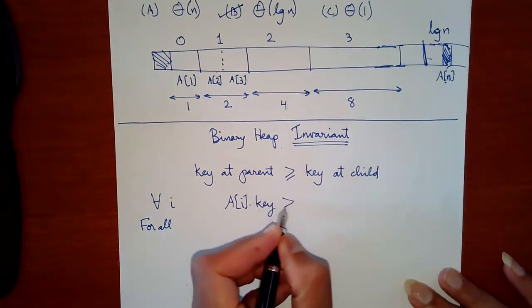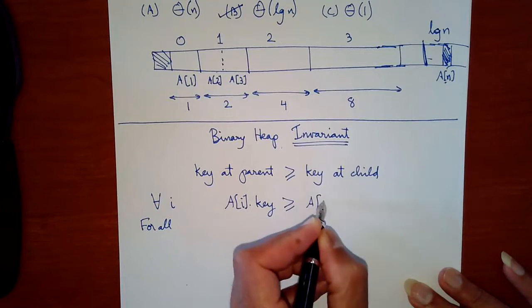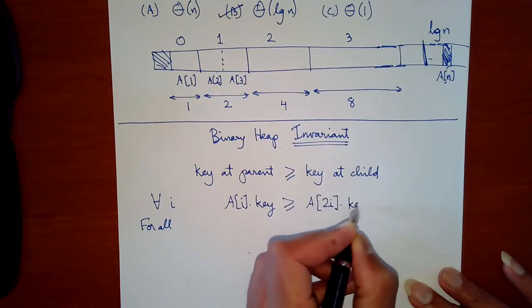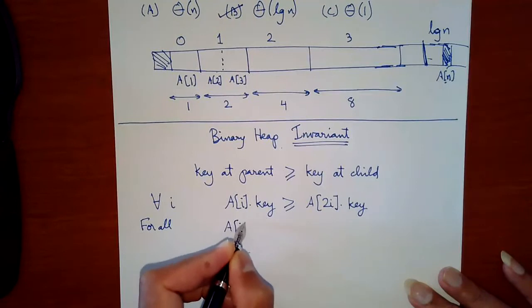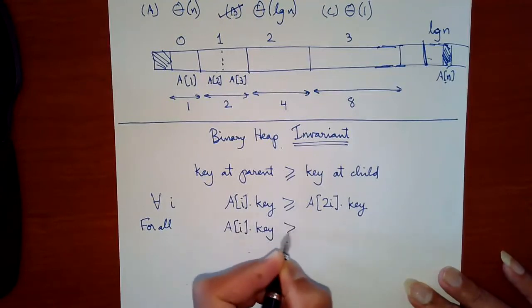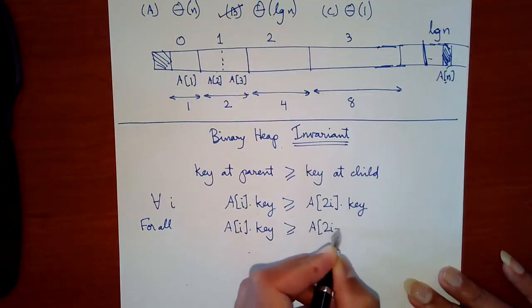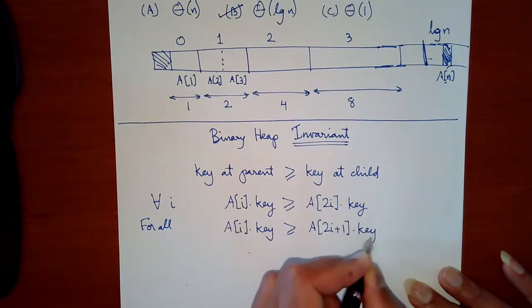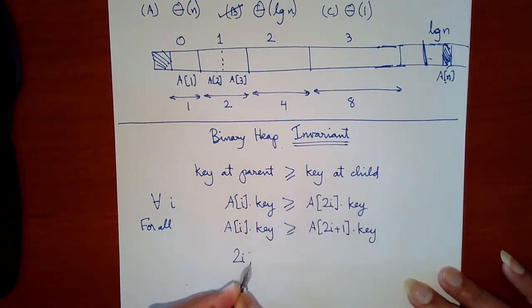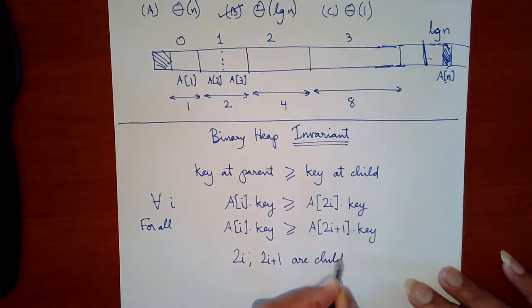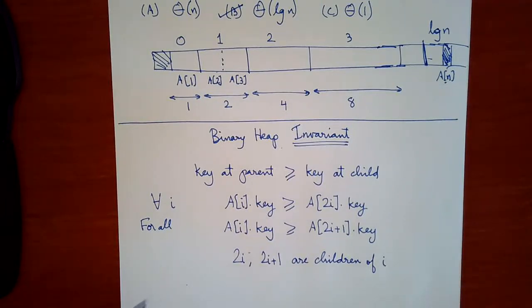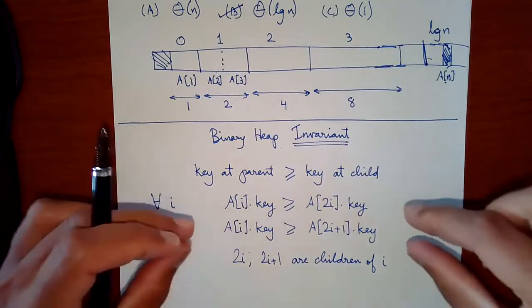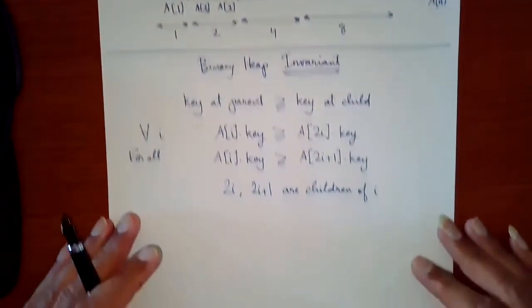A of i dot key is greater than or equal to A of 2i dot key, and A of i dot key is greater than or equal to A of 2i plus 1 dot key, where again 2i and 2i plus 1 are the children of i. So this is an invariant. We will maintain this property.